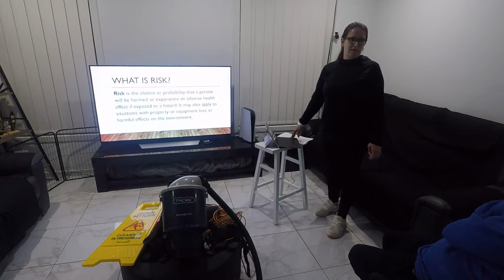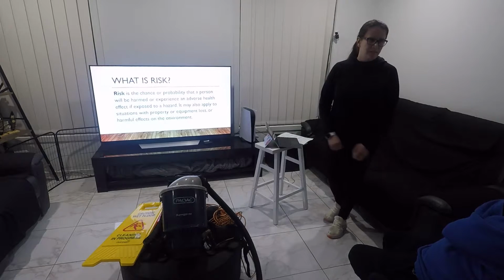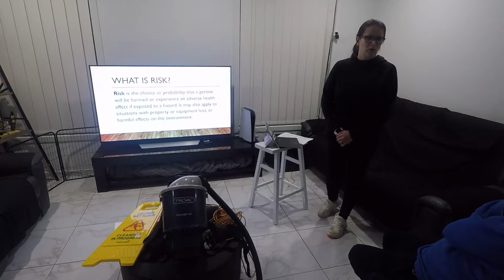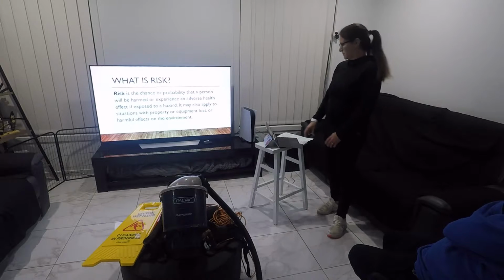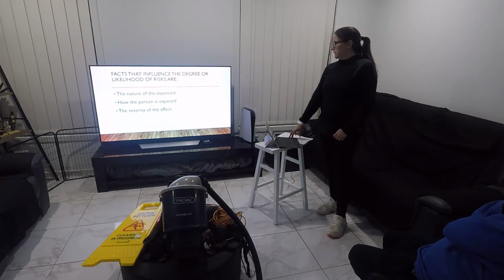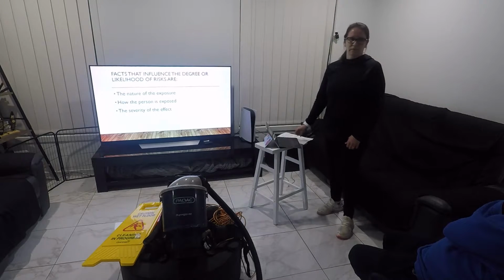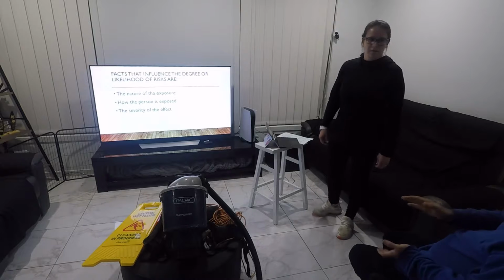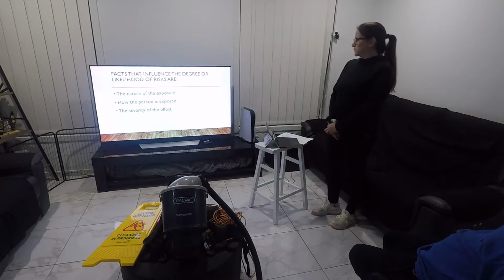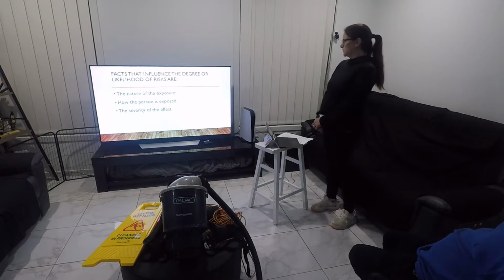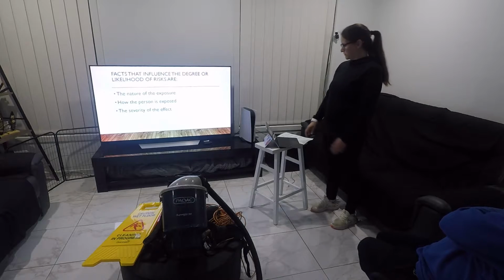These risks are expressed as a probability of developing a disease or getting injured. Factors that define the degree of likelihood of risk are the nature of the exposure, how the person is exposed, and the severity of the effects.